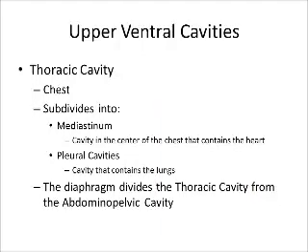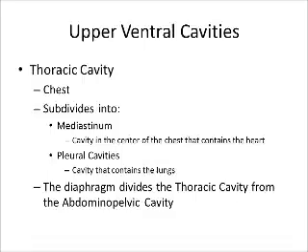Okay, first we're going to talk about the thoracic cavity. The thoracic cavity is what contains the chest. Thoracic means chest, and it subdivides into the mediastinum, which is the cavity in the center of the chest that contains the heart, and the pleural cavity, which contains the lungs.